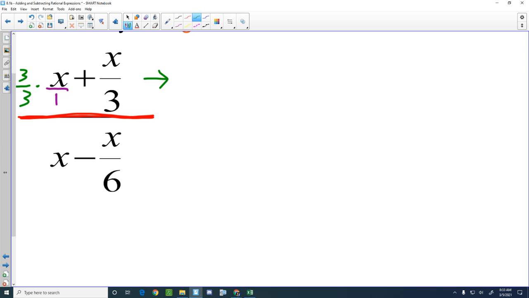So now this numerator, 3 times x is 3x. 3 times 1 is just 3. Plus the fraction that was already there, that x over 3. So I'm just looking at just that numerator. And now that these have a common denominator, those two fractions that are being added, I can combine them and write them as one single fraction. 3 on the bottom plus another 3 on the bottom.